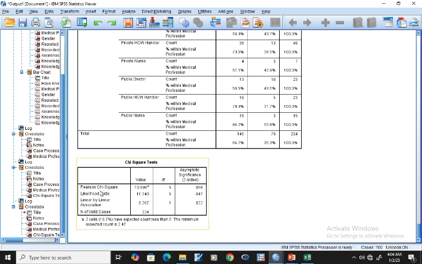Okay, here, if our level of significance is at 5%, it's not significant. But if it's at 10%, yes, we can say it's significant. But if it's at 5%, it's not significant.